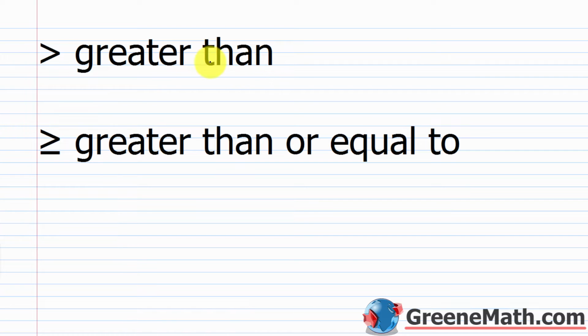Now we also have the greater than. This points to the right. And then we have the greater than or equal to. Points to the right but has a bar underneath it. And again, this greater than is a strict inequality. Strictly greater than. This type of inequality, this greater than or equal to, is a non-strict, because we allow for this or equal to.